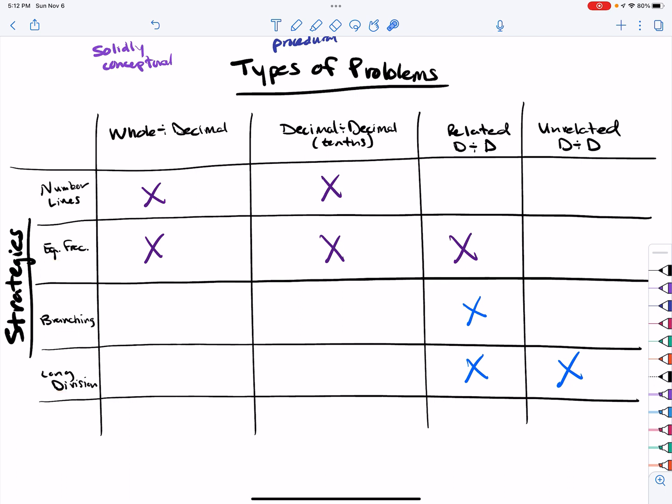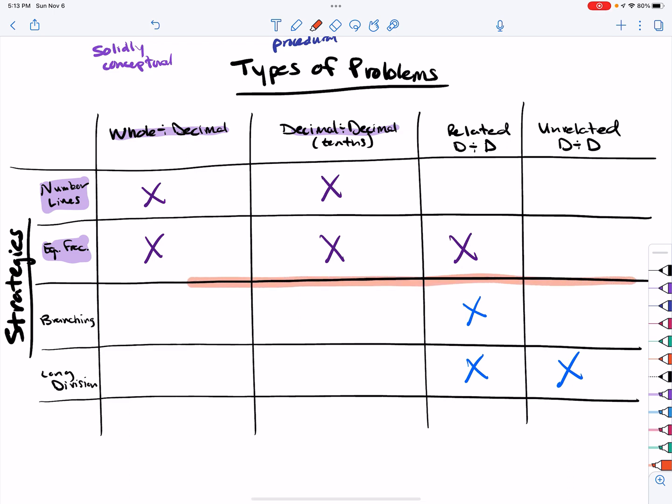And so what's important to notice in this picture here is that on the top, these problems, the wholes and the decimals divided by decimals, are pretty visual, or they're pretty simple. They stay in the conceptual area. But there's something interesting that happens right about here.